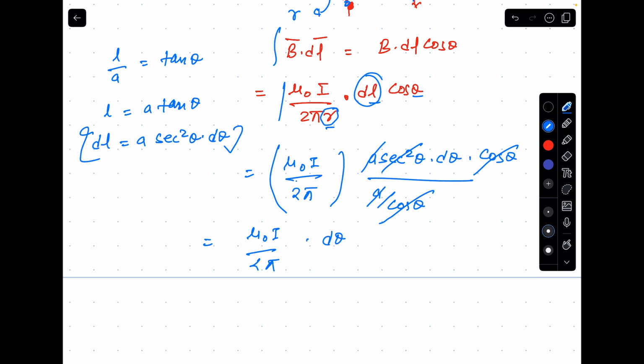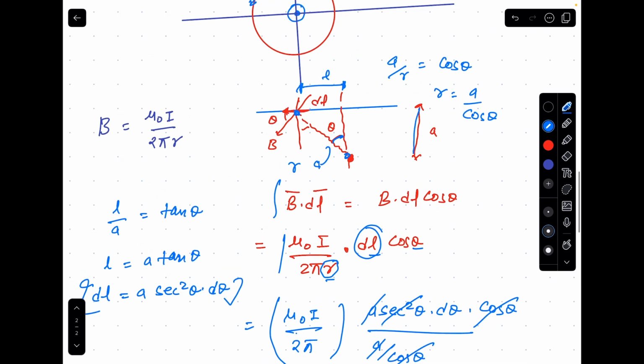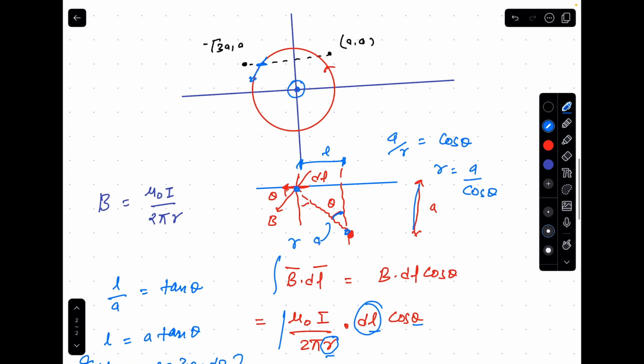Now I need to look at the limits of this d theta. We need to do the integration up to this point, and this is our starting point. For this point I know the angle is 45 degrees or pi by 4. For this other point, because this is root 3 a and this is a, the angle will be pi by 3.